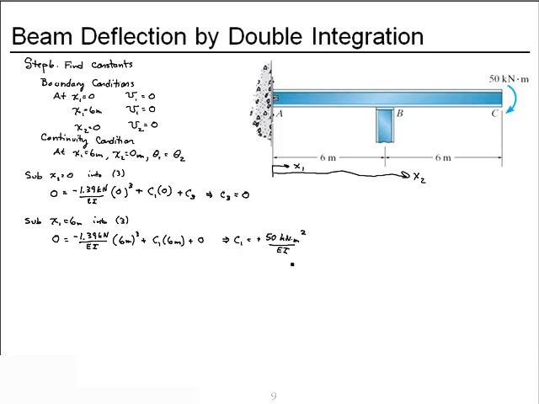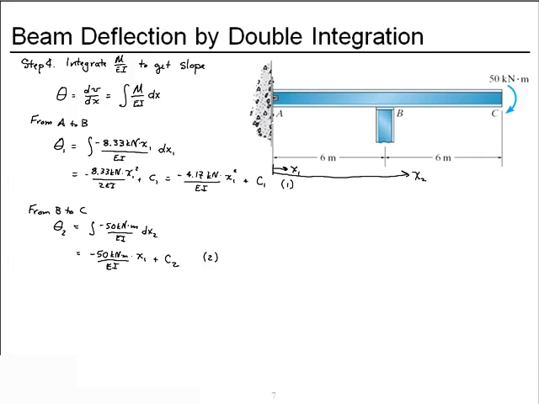over EI. Now let's use our continuity condition along with our knowledge of constant C1. So we'll substitute x1 equals 6 meters into equation 1 and x2 equals 0 meters into equation 2. Looking back, here we have equation 1 and equation 2.